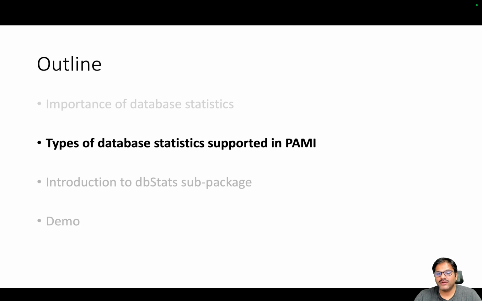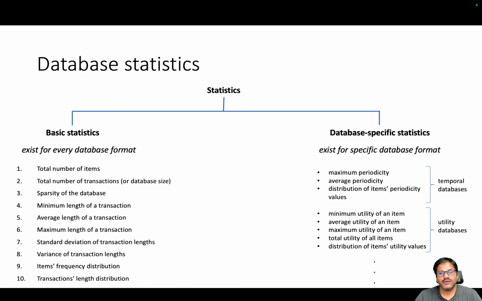Now, coming to the various types of statistics supported by the programs in the PAMI library. When we were designing the PAMI library, we thought of dividing the statistics into two types. One is the basic statistics that exist for every database format, whether it is a transactional database, temporal database, or utility database, whatever the format of the database, these statistics exist.